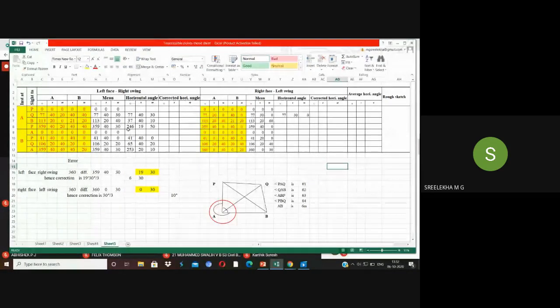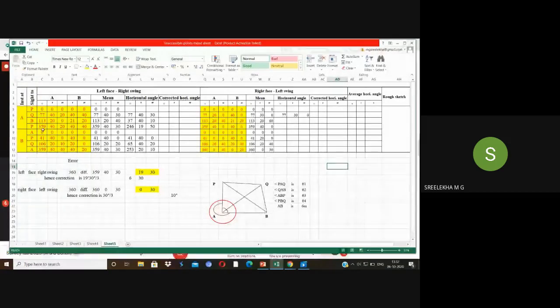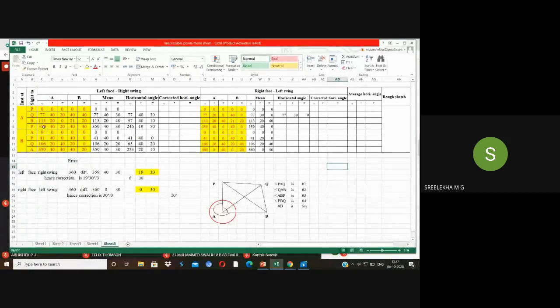These are the horizontal angles that you have got.